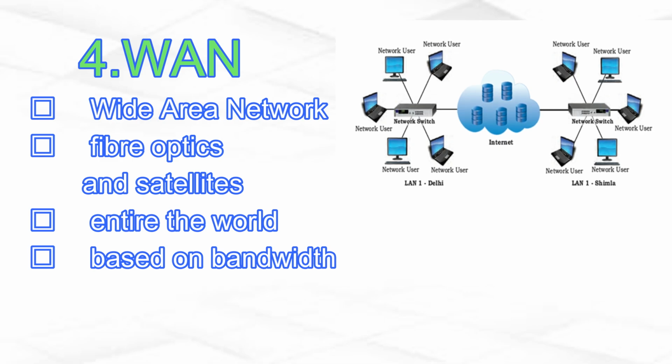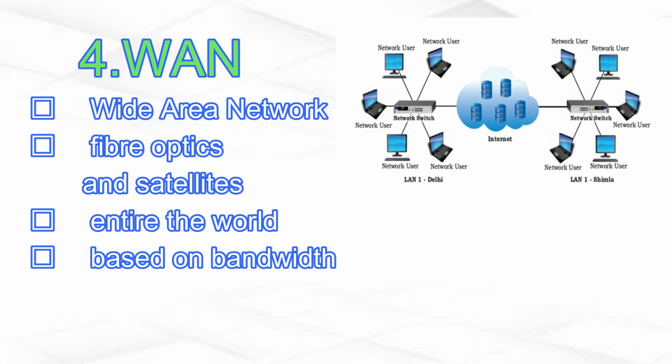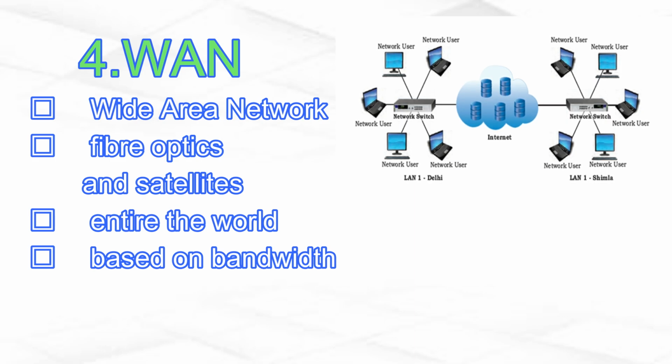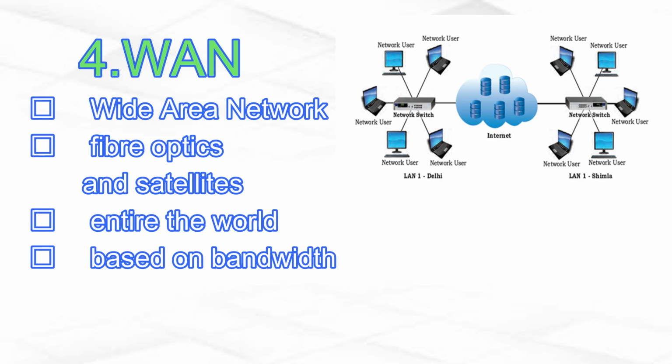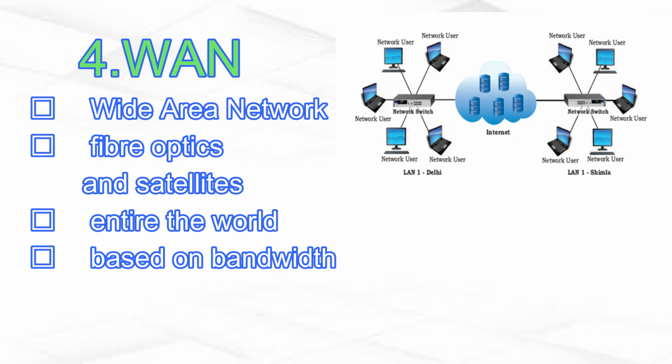The main purpose of WAN is that large business, educational and government organizations connect their different branches in different locations across the world by WAN. The internet is the largest WAN that connects billions of computers, smartphones and millions of LANs from different countries.